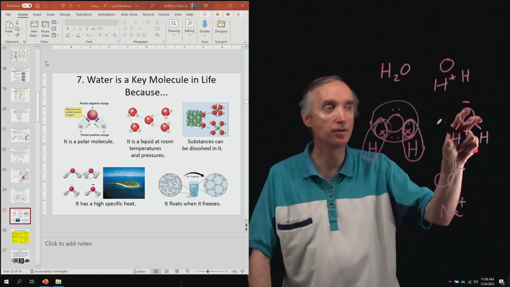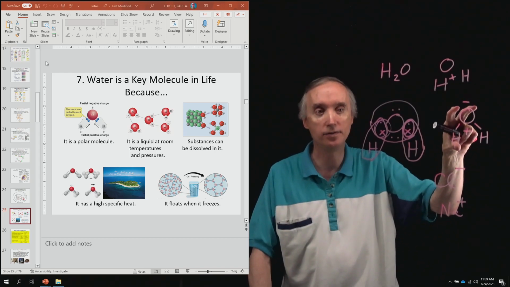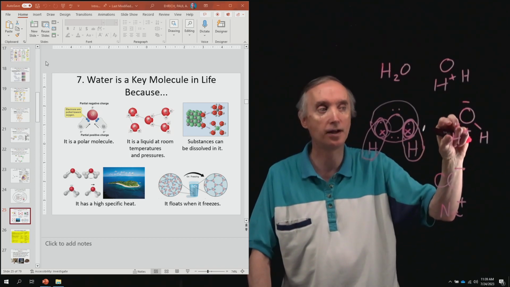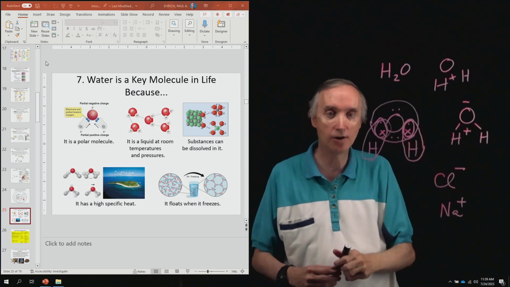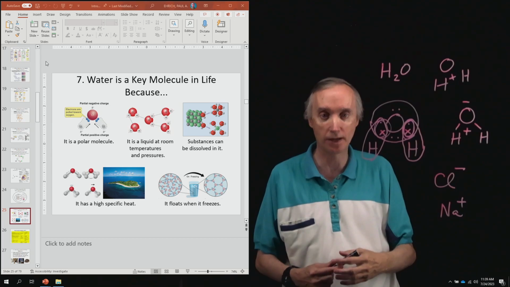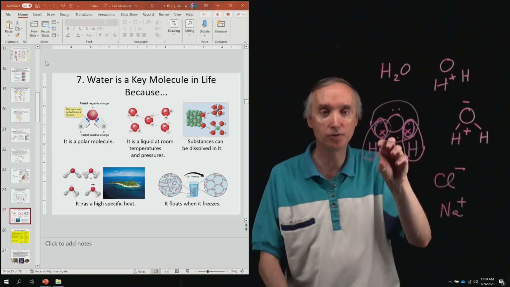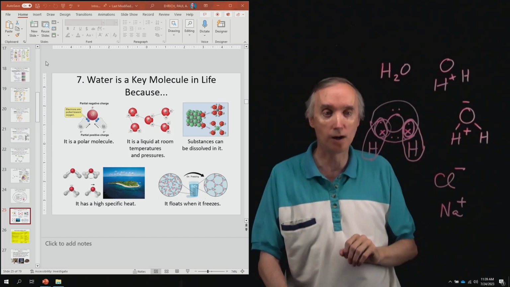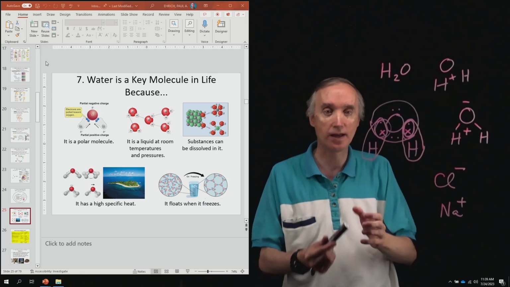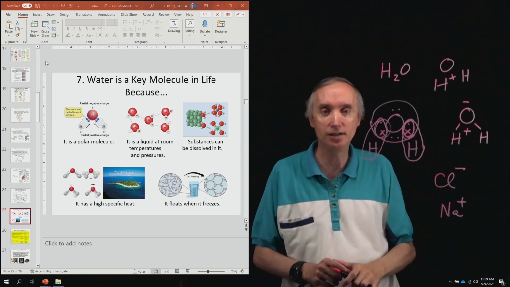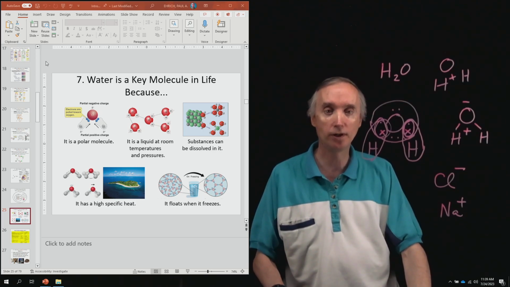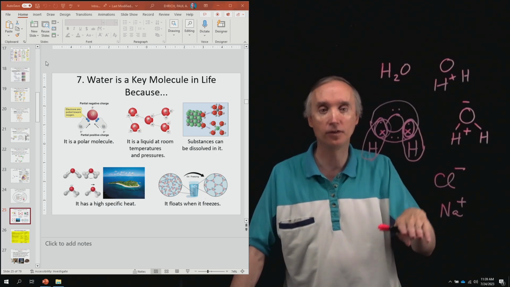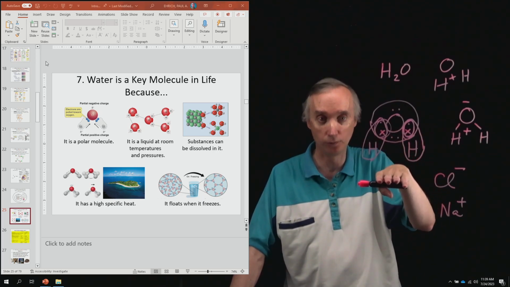And that's because of the particular way that these different atoms will orient themselves. Well, do you see how it kind of makes an open space in between the water molecules? And so that open space is going to decrease the density of water to the point at which it will float. So frozen water floats on top of liquid water.